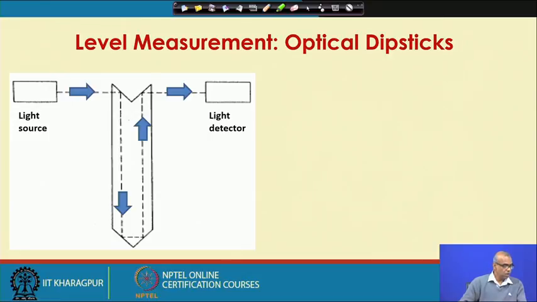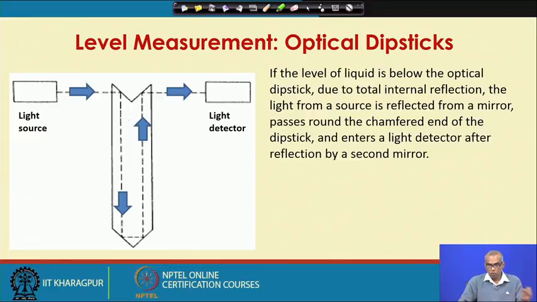This is a slightly improved version of dipsticks. We call it optical dipsticks. So, what is done is as follows. You have a light source here.